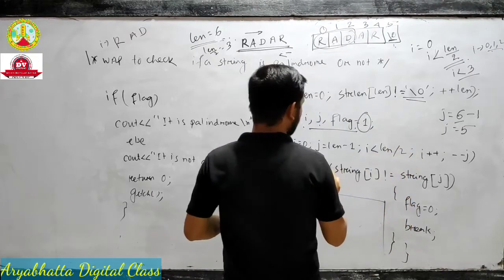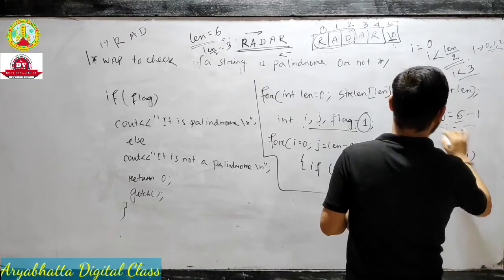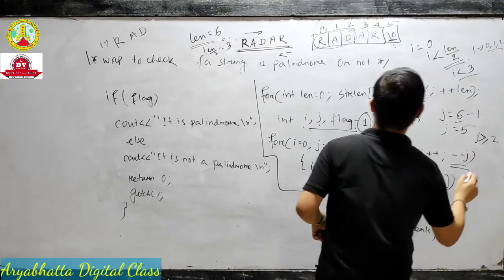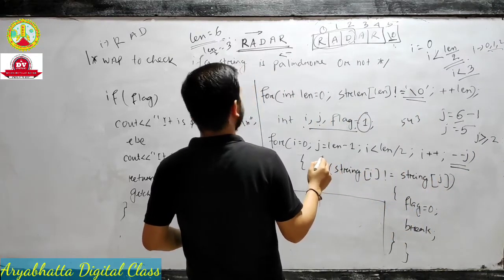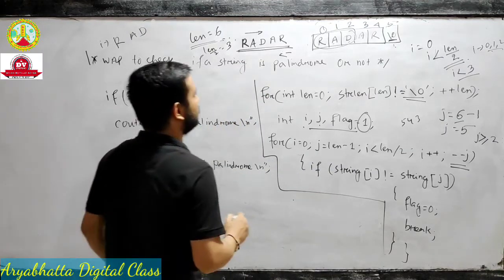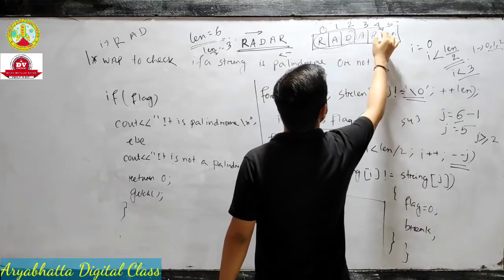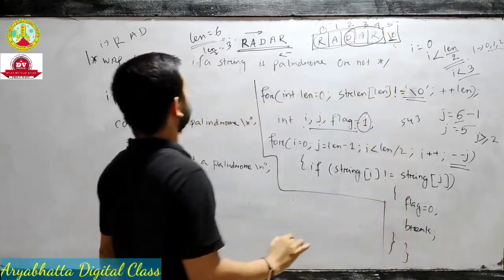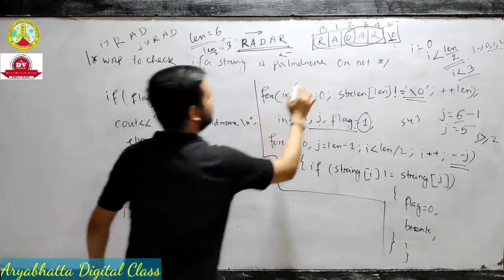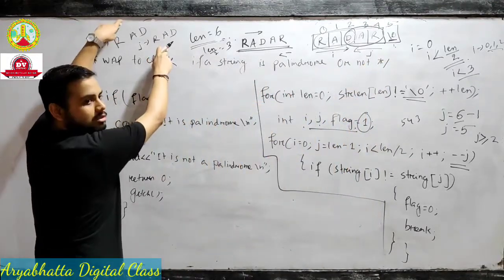So j starts from 5, and j is a decrement loop like 5, 4, 3, up to j greater than or equal to 2. j's characters are also R, A, D: this is for the i character, this is for the j character, and both characters are the same.